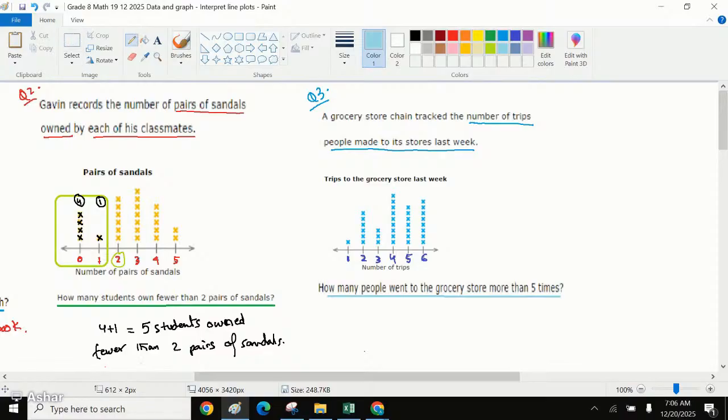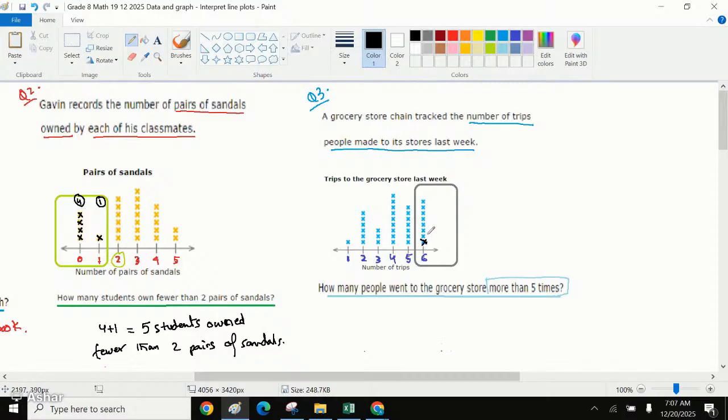Our keyword is more than 5 times, right? That means in this case, there is only one scenario which is more than 5, that is 6. Agreed?